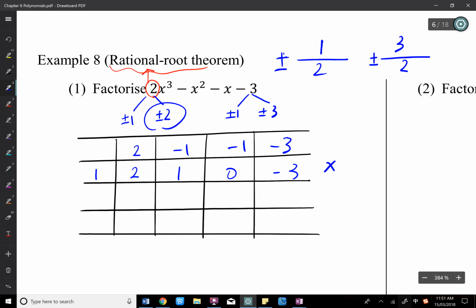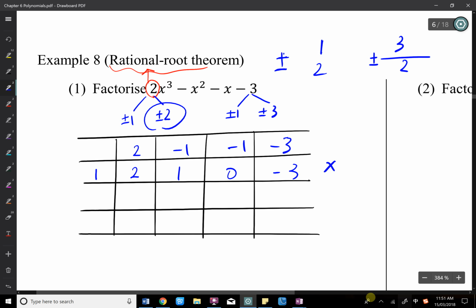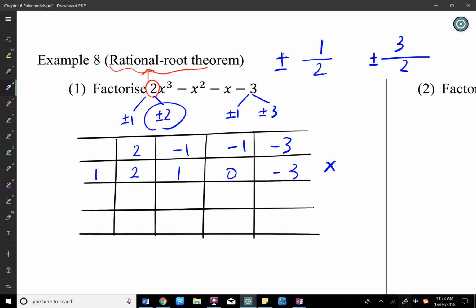Question? Any question? Another number will work because all the 6 numbers are not working. I haven't shown you, but you can see that plus minus 1, 2, 3 is not working.